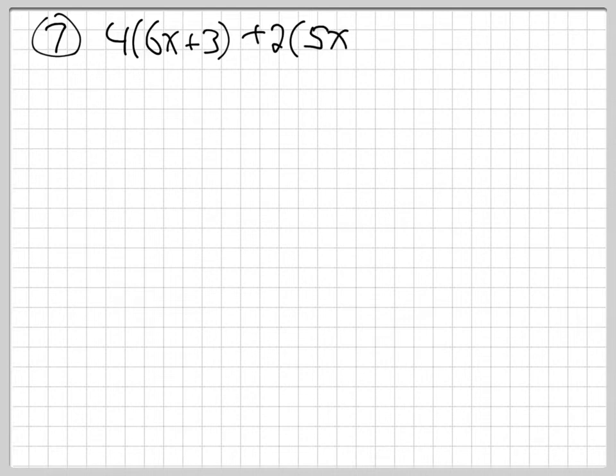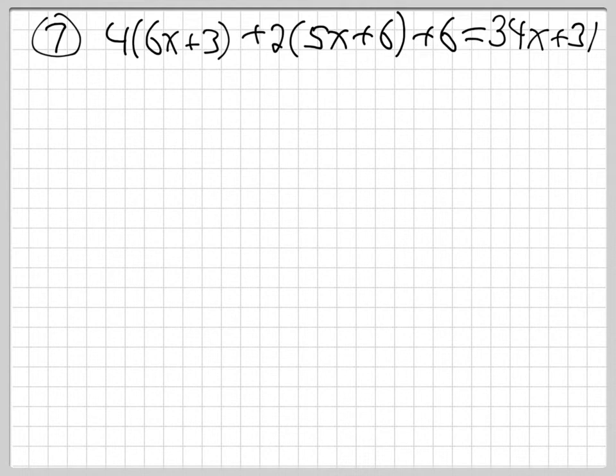Number 7 is 4 parentheses 6x plus 3 plus 2 parentheses 5x plus 6 plus 6 equals 34x plus 31. That's a big equation. Okay, so let's multiply through these parentheses.